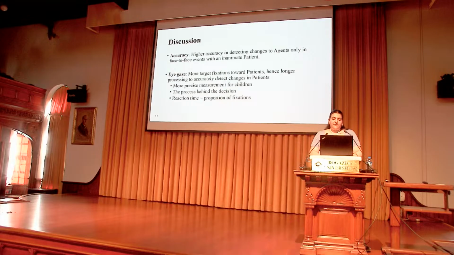And when we conducted the study with adults, we saw that they had a higher proportion of fixations towards patients compared to agents, just like children. And this is in line with reaction time results. So they had higher reaction times for patients and a higher proportion of fixations towards patients. So we believe that this eye gaze data, the proportion of fixations specifically, provides a new reliable measurement for children as well as adults.